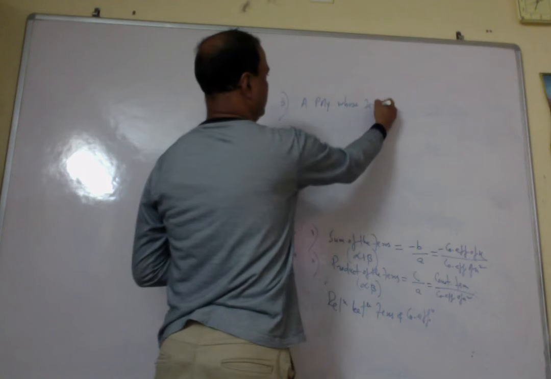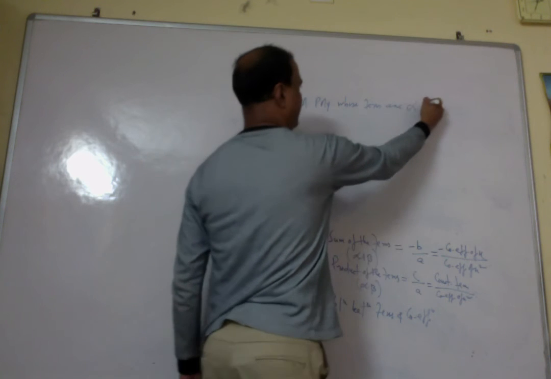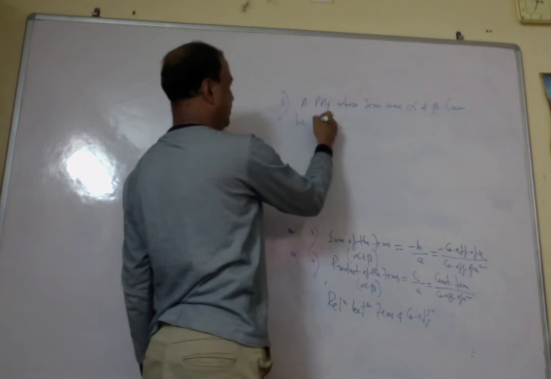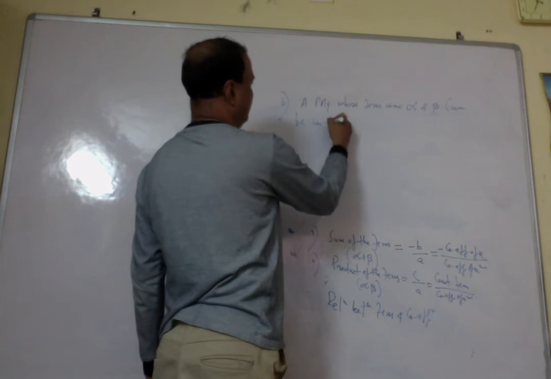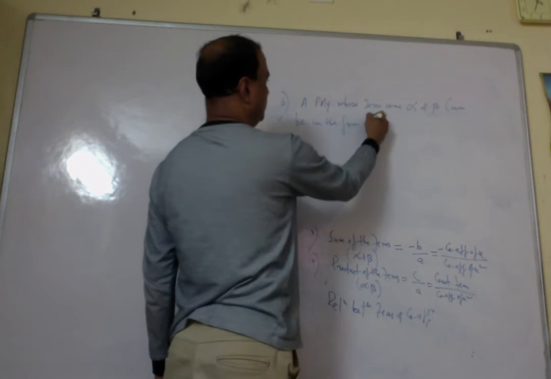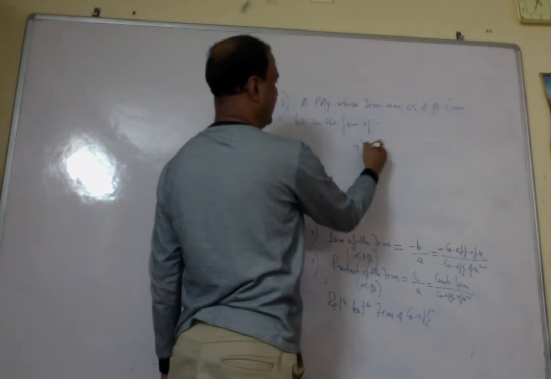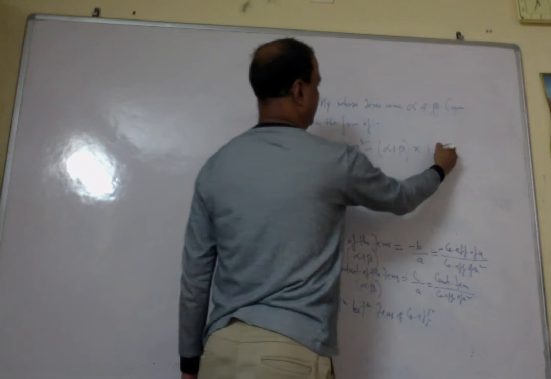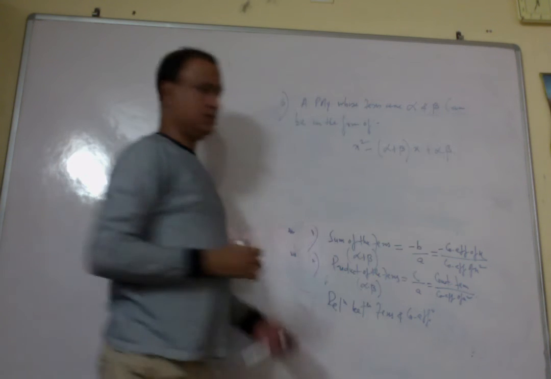whose zeros are alpha and beta can be in the form of x square minus (alpha plus beta) into x plus alpha into beta.